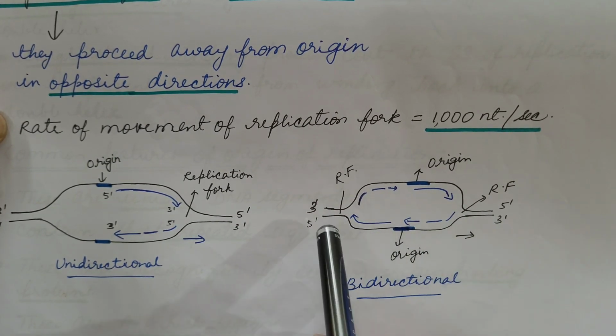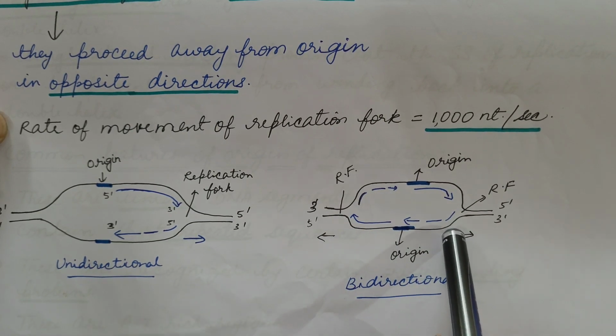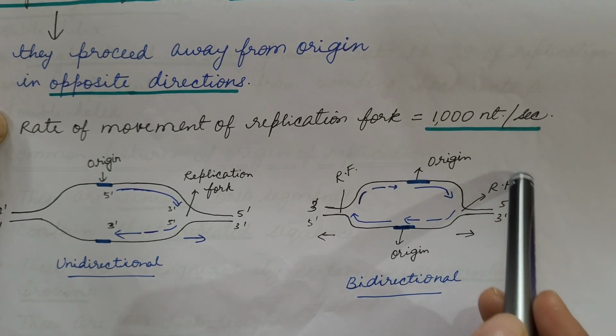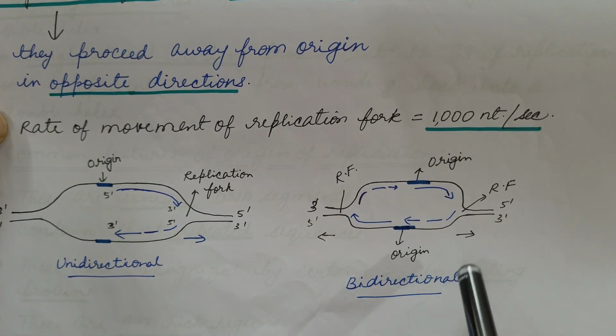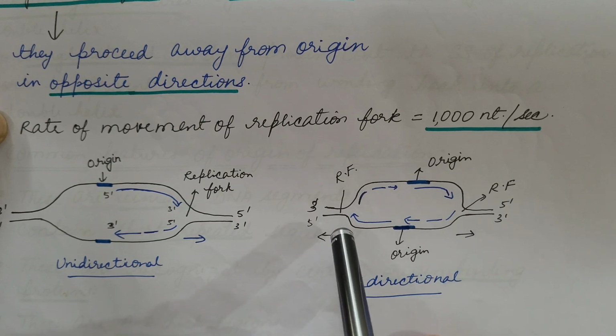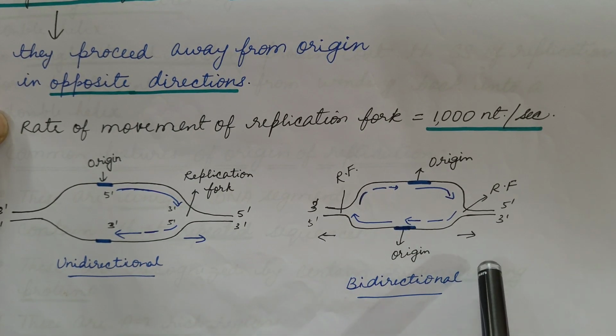And these are extended in opposite directions. This is extended in this direction and this is extended in this direction. So this type of replication is bidirectional, that is, it proceeds in both directions which are opposite to each other.